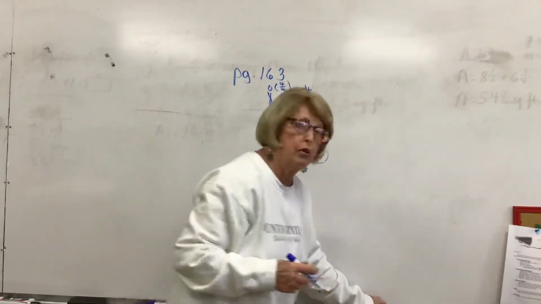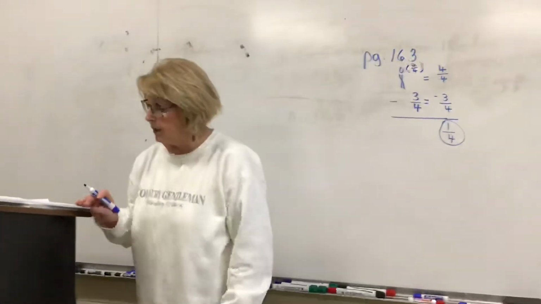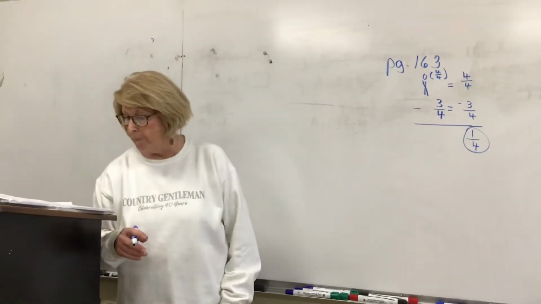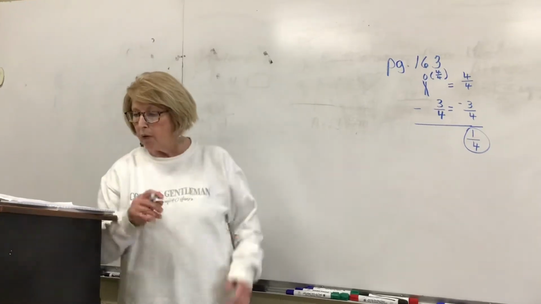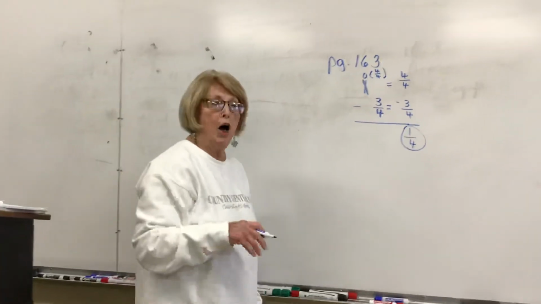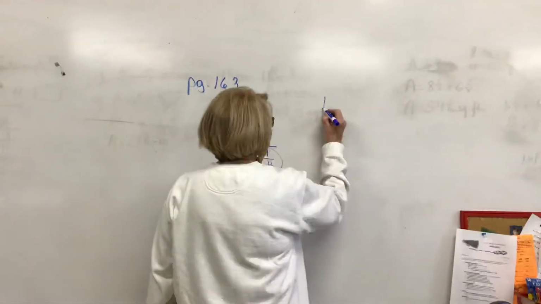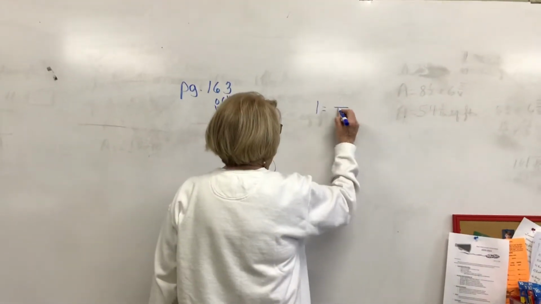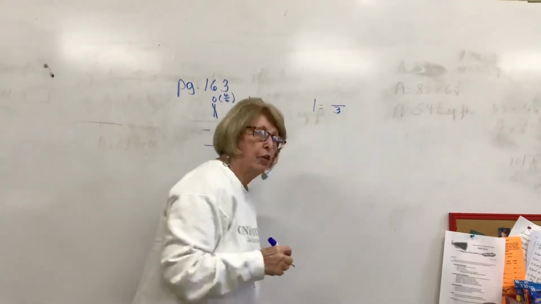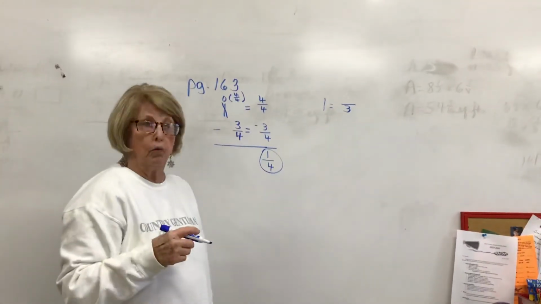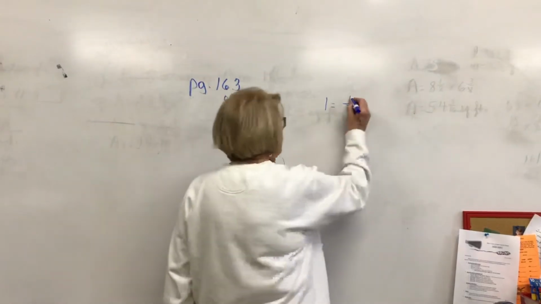Now, going to go to the next problem. If you will look in your books, page 163, look at the first sample problems. We're going to rename 1 whole as thirds. Now, if I have 1 whole, the book wants me to name it as how many thirds? How many thirds would it take to make a whole? Yes, the answer is 3.